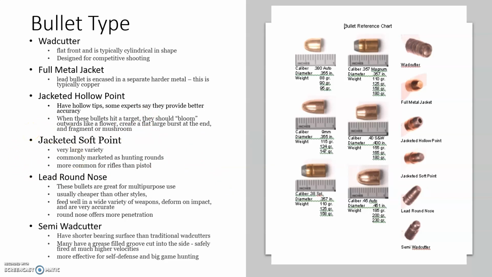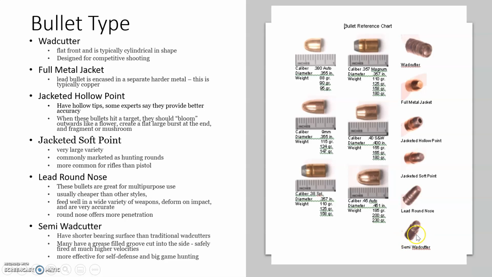The round nose is going to offer you more penetration than a flat nose would, and that's why they seem to be the more popular of the style. Now, in terms of the wadcutter versus the semi-wadcutter down here at the bottom, obviously they look a little different. They have a shorter bearing surface, and if you look at the wadcutter, it's more cylindrical.